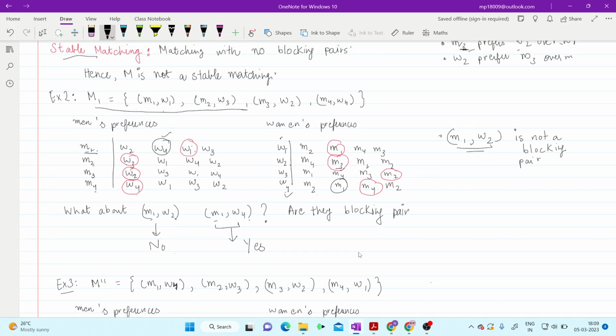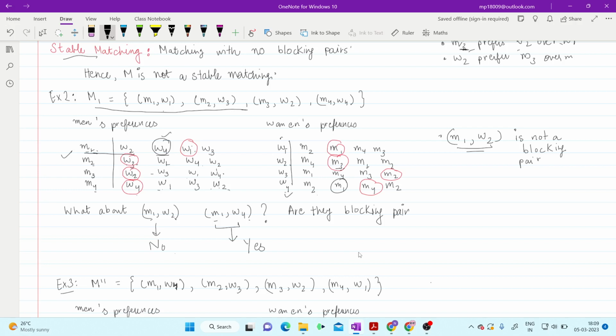If we want to see whether some matching is stable or not, we have to see if we can find better pairs or not. It is sufficient to consider just these two pairs, because the pairs after these red circles won't be better off for the men, right?